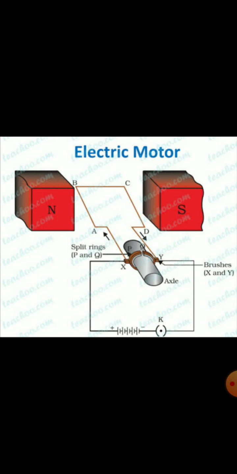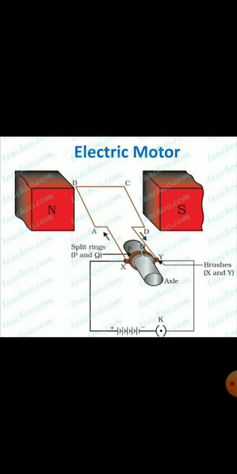So remember that an axle is a rod which rotates, which turns, and which makes things rotate. So the inner side of this split ring is insulated, and it is attached to the axle.